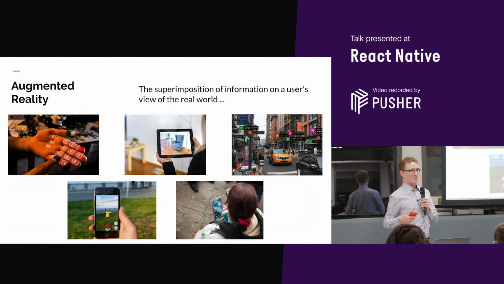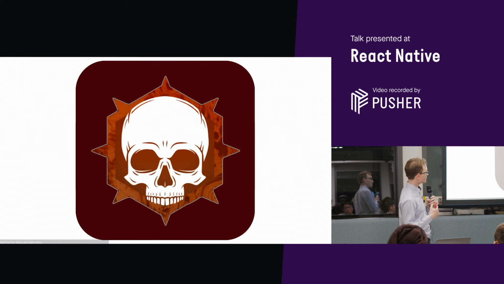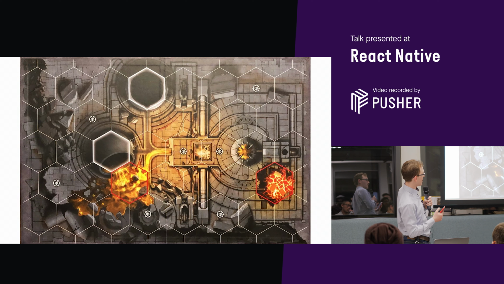But we're talking about React Native, we're talking about mobile phones in this case, so we are going to talk about doing some augmented reality using the camera on our phones. So I made an app to, again, help me playing a board game, and this board game happens to use this lovely hex grid.